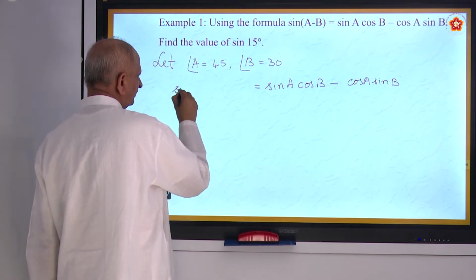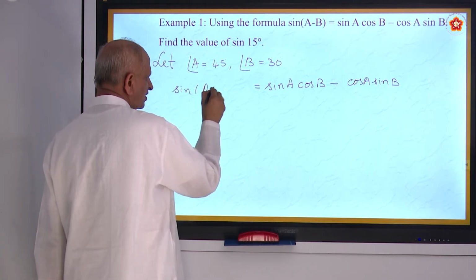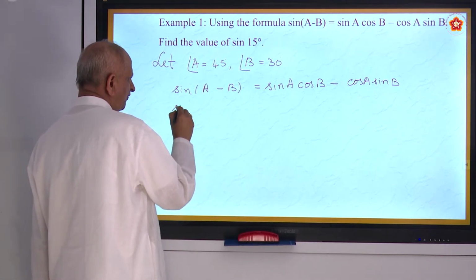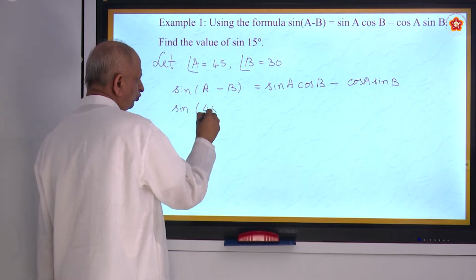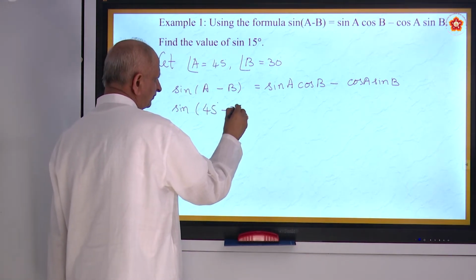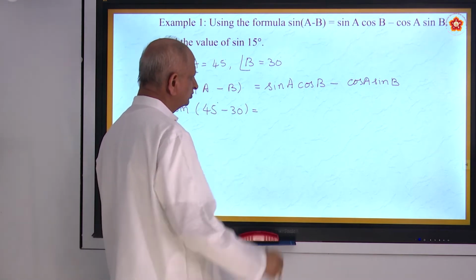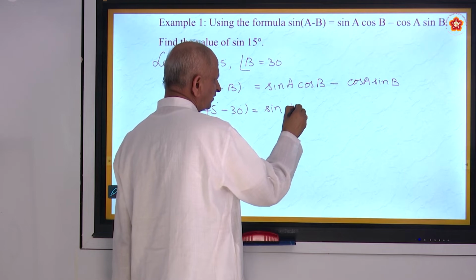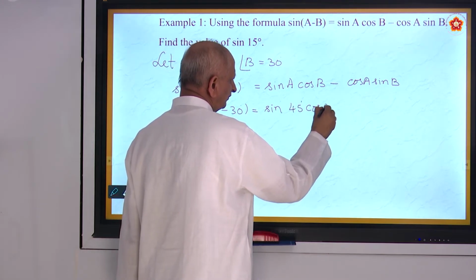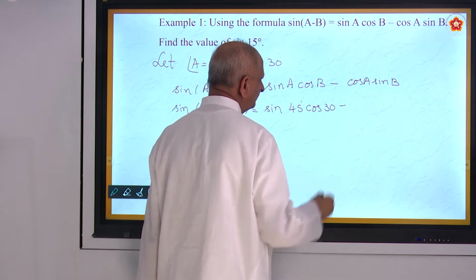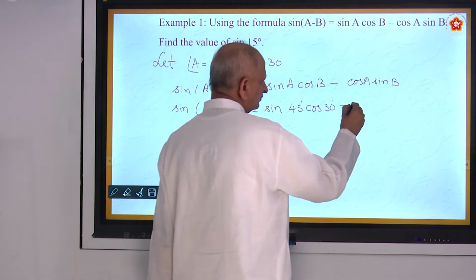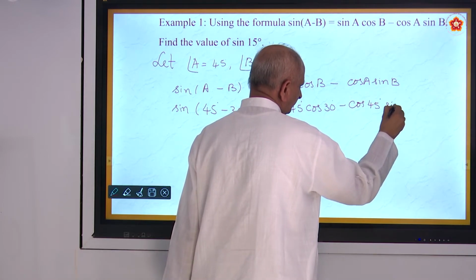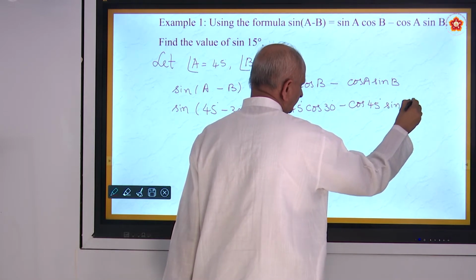That formula you have to use. It is a very famous formula in trigonometry. Apply this here. Sine of 45 minus 30 is equal to sine of A, A means 45, cos of B, 30, minus cos of A, cos 45, sine of B, sine 30.